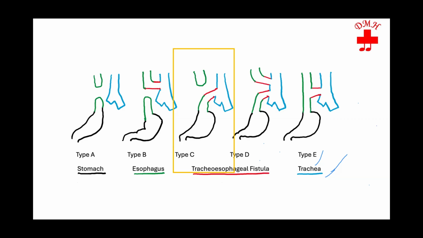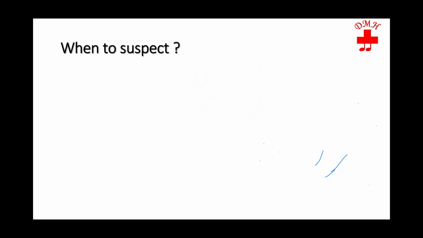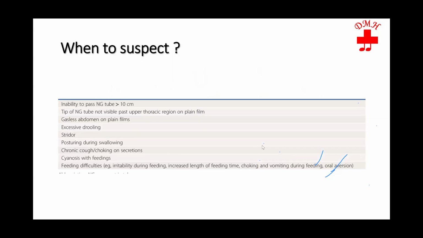Okay. So gasless abdomen. Okay, that's the right word. Gasless abdomen will tell us this is type A esophageal atresia and there is no communication, right? So how do we suspect? Just a little theory: inability to pass NG tube more than 10 centimeter or tip of the NG tube not visible past upper thoracic region on plain film, gasless abdomen, excessive drooling, stridor, posturing during swallowing, chronic cough that is common with H-type fistula, cyanosis with feedings and feeding difficulties.